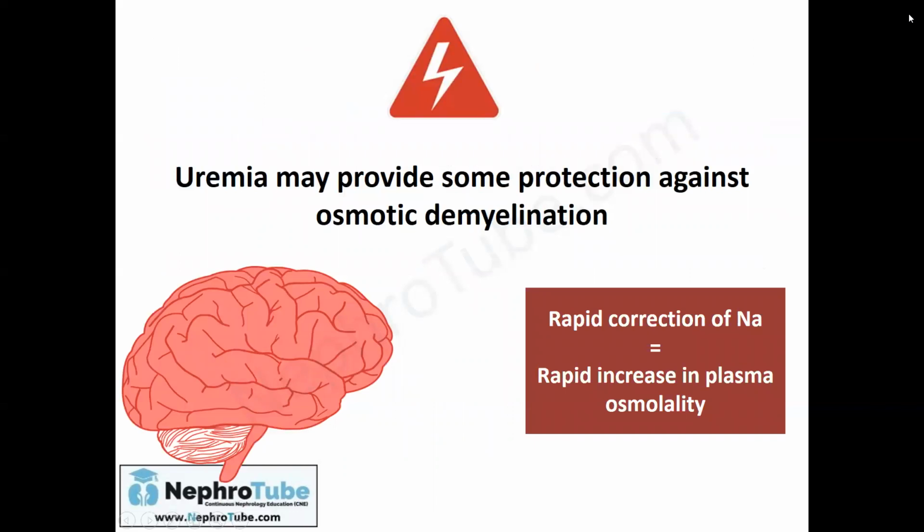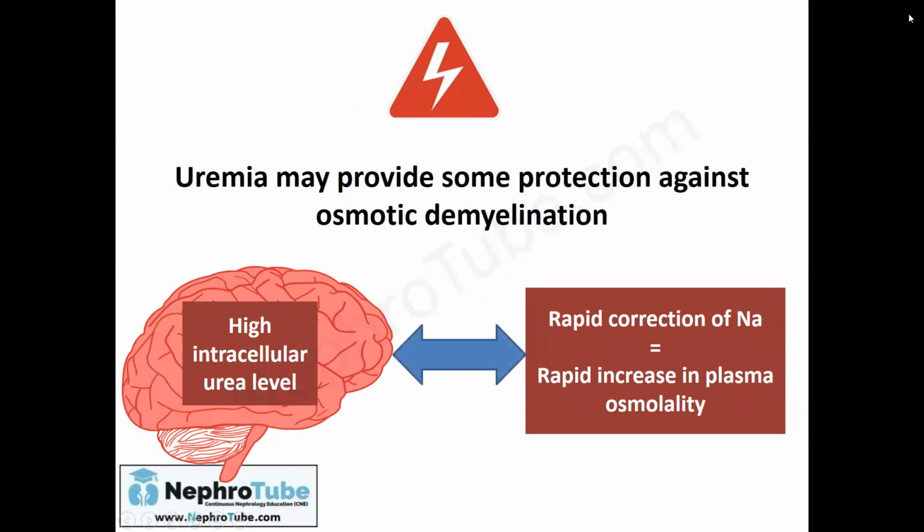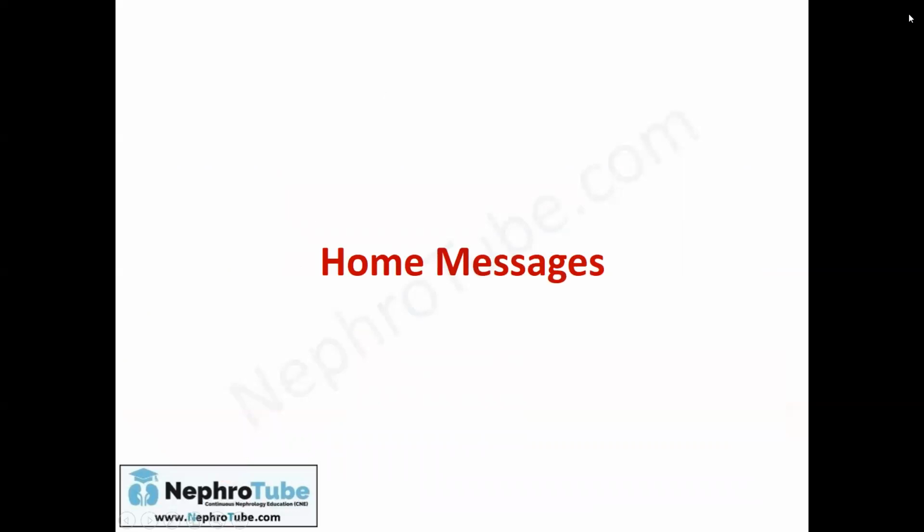We said that if there is rapid correction of sodium, this will rapidly increase plasma osmolarity, and this may osmose water from the brain cells and cause the brain to shrink. But if the patient is uremic, he will have a high intracellular urea level with high intracellular osmolarity, and this may compensate for the rapid correction of sodium. That's why the incidence of osmotic demyelination syndrome may be less in hemodialysis patients with high urea level.